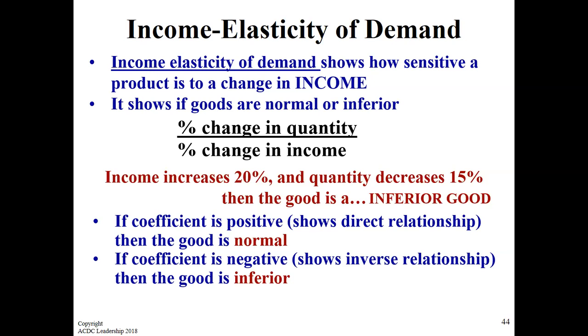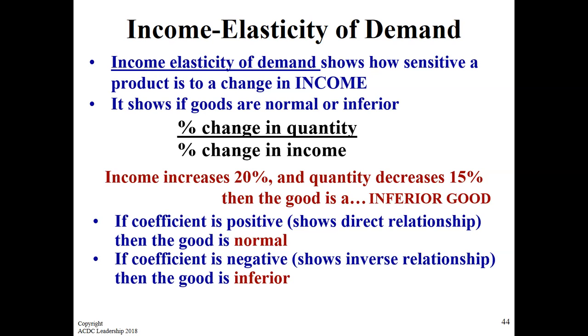Okay, normal good is positive, inferior is negative. Would anyone else have anything else they might have learned? Just found out the quantity is always over the price. All right, the quantity is always on top, the numerator. Good. All right. That all being said, anyone have any questions on what we did so far?